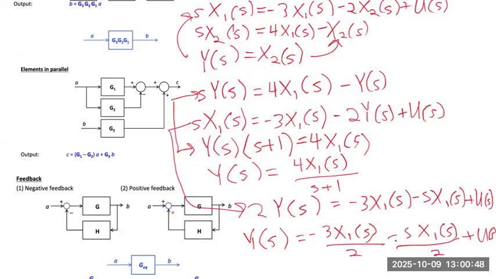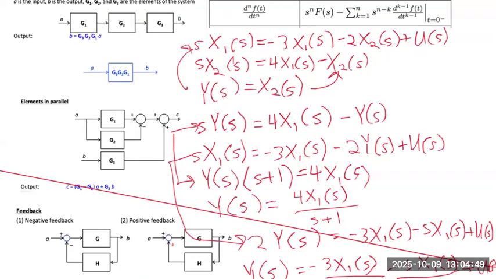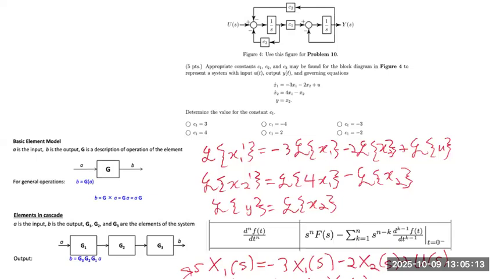So as you see, we have x1(s) in both of these. So yeah, y(s) is equal to 4x1(s) over s plus 1. We haven't defined x1(s) yet and x2(s). So let's let x1(s) be this portion over here, and x2(s) as well.